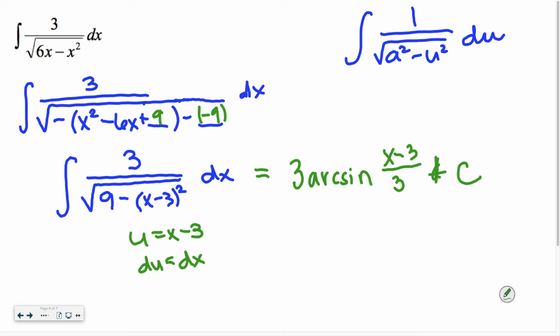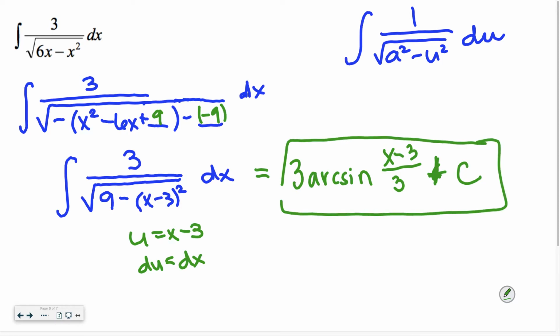This 3 came from that coefficient times our arc sine rule of u over a. You will have to complete the square in your homework.